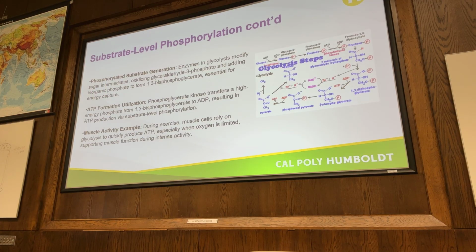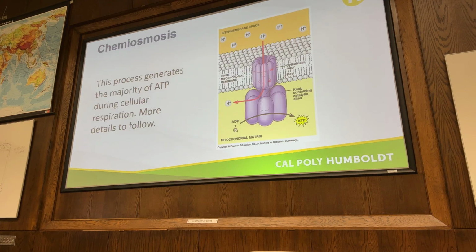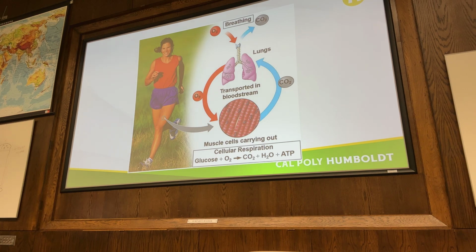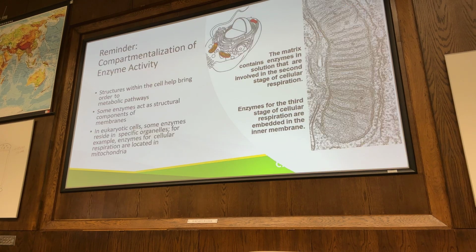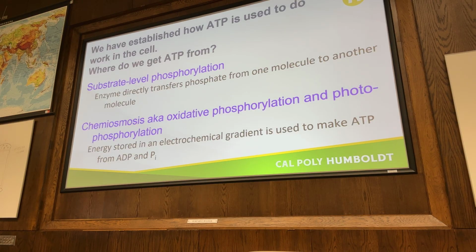Regarding the word you just said, does it always have to be hydrogen that is contributing to the gradient? I totally hear you. For ATP synthase to operate, it works with hydrogen.